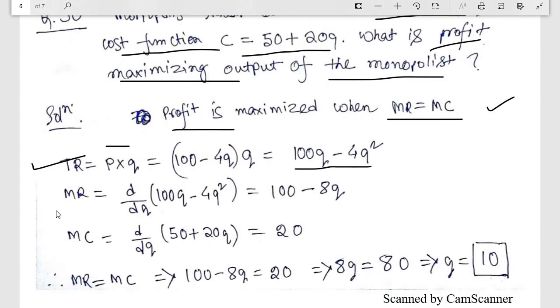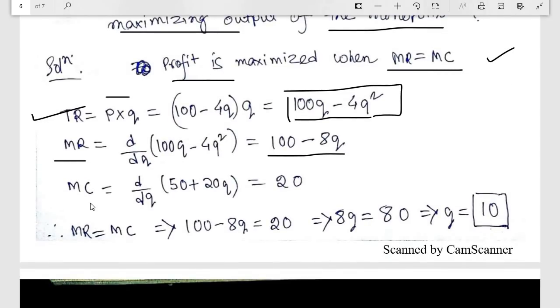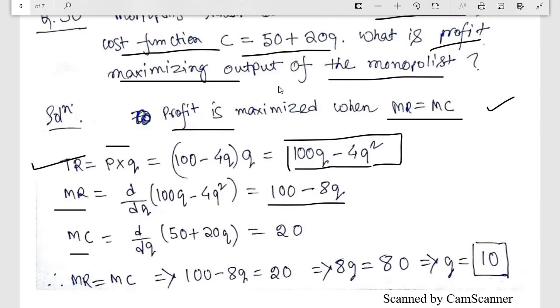Then we can simply find MR by taking the derivative of this. It will give you 100 minus 8Q. Similarly, for finding MC, we will find the derivative of 50 plus 20Q. So it will become 20.